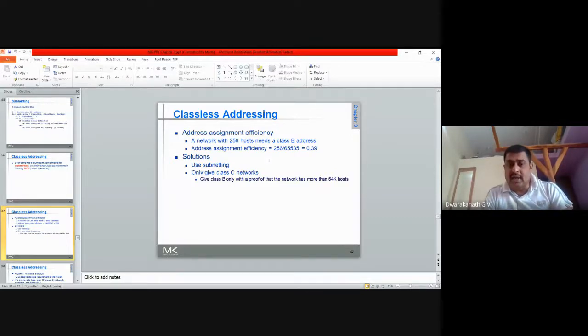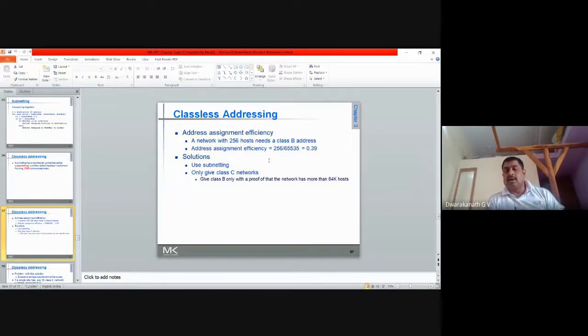So for the address assignment efficiency, what happens is 256 systems are divided by the maximum capacity of a class B address, which is 65,535. How can I say this 65,535? You may ask me the question.